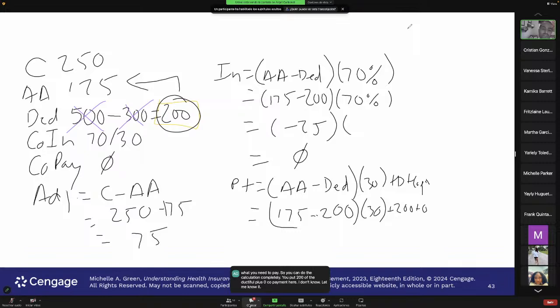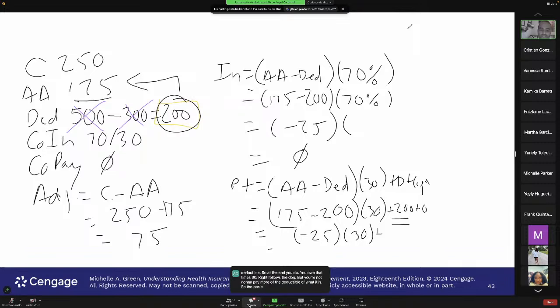So minus 25, and then times the 30, whatever, and then that plus the deductible. So at the end, you owe that times 30, right? Plus the deductible, but you're not going to pay more than the deductible is.